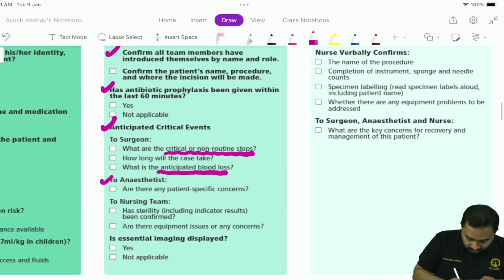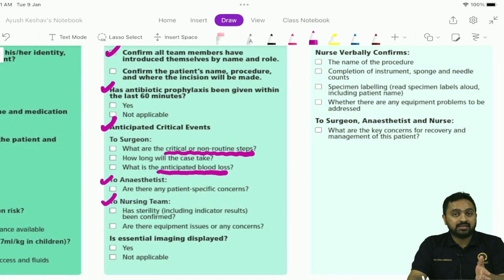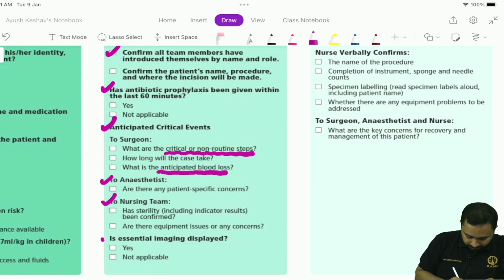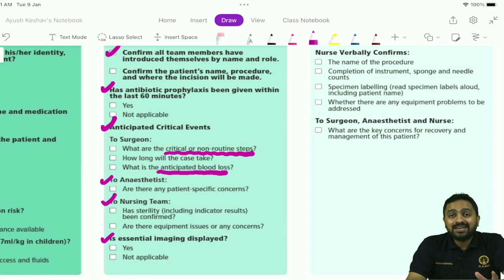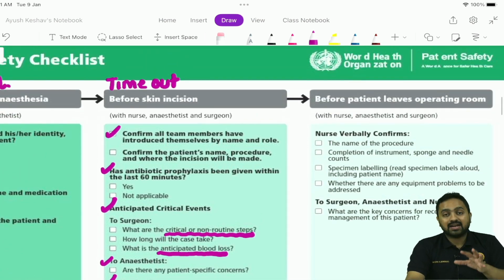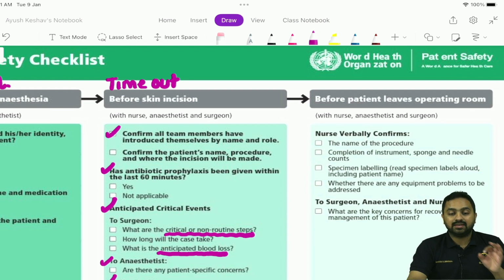And to the nursing team, has the sterility of the instruments been confirmed, and are there any equipment issues or concerns? And for any case specific need, is the essential imaging displayed or not? So these are the components checked in your time out, which is your before skin incision.